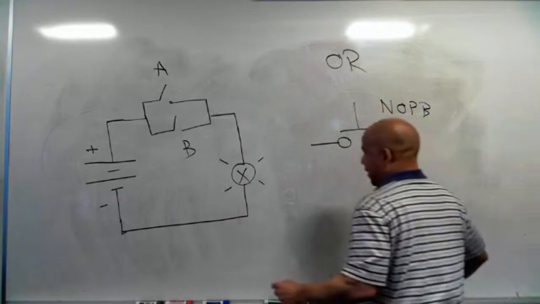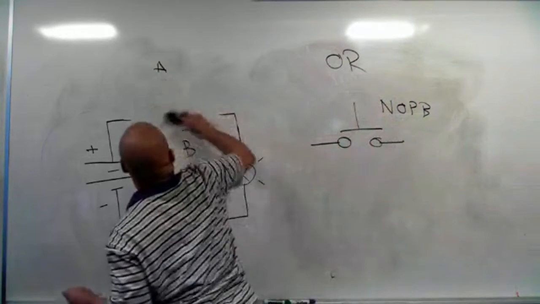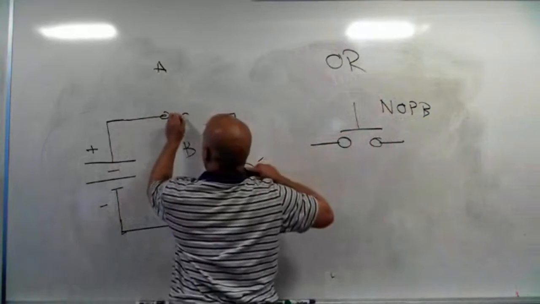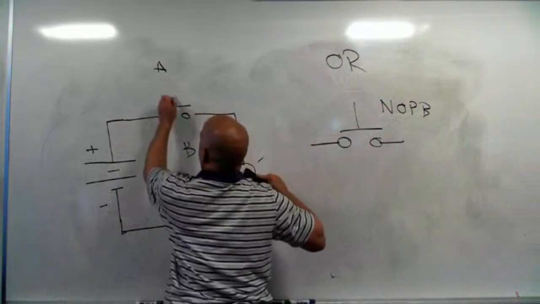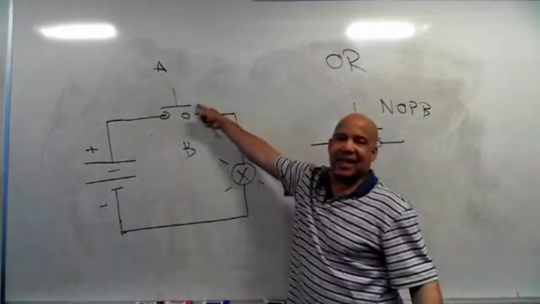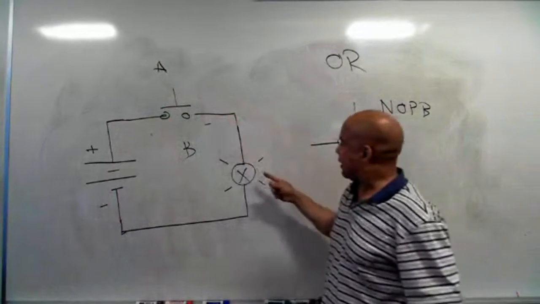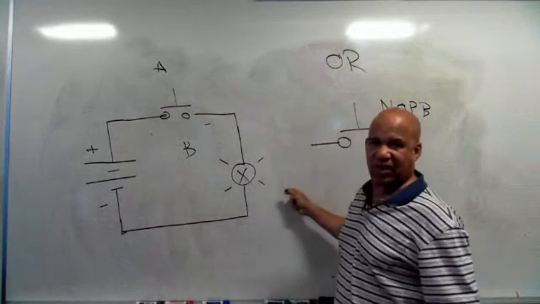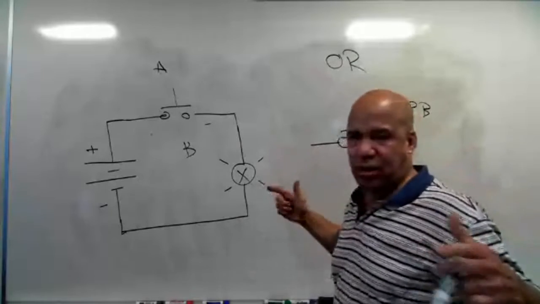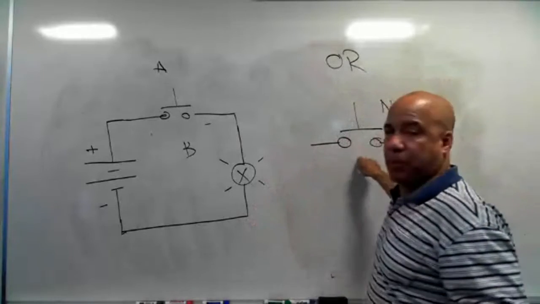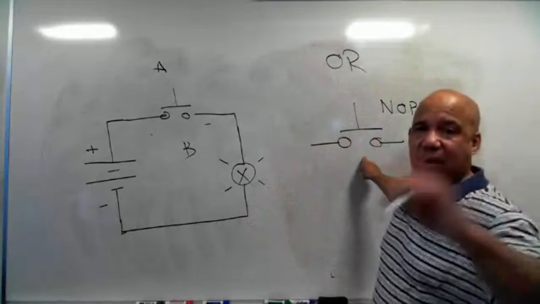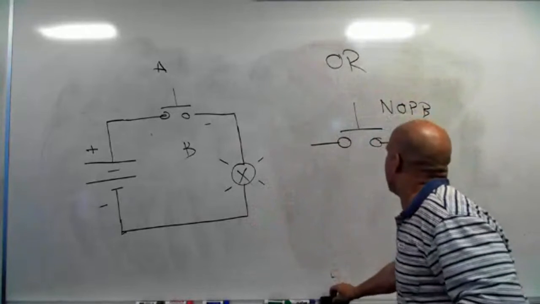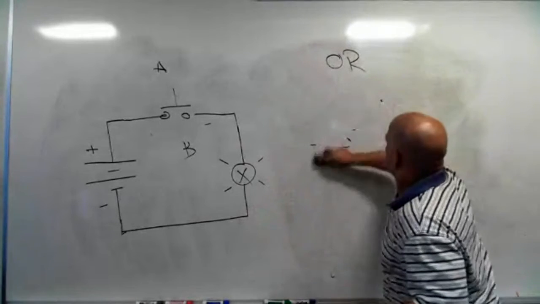If I get rid of this, and put that push button right here, if that button is not pressed, then the light bulb is off. If the button is pressed, then the light bulb is on. So this is a little bit harder to wrap your mind around, but we use this to represent NOT, and we'll get back to that at another time.